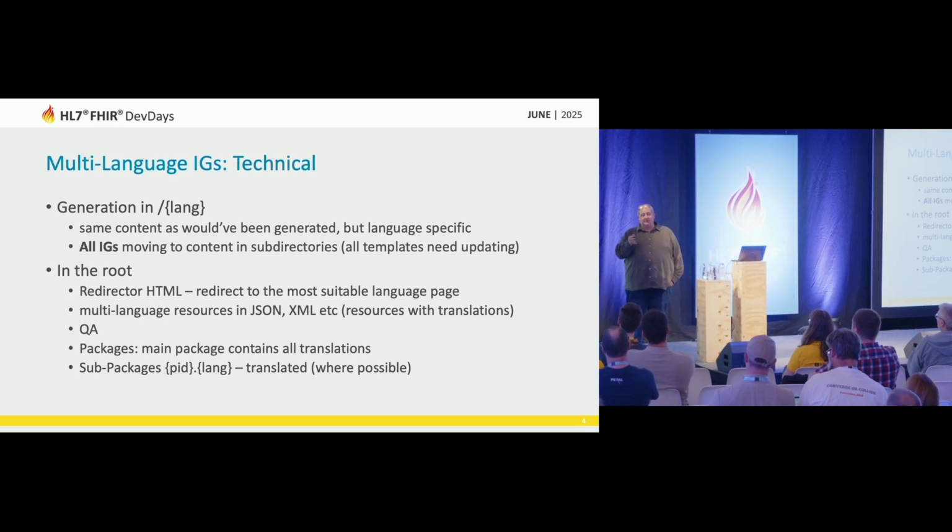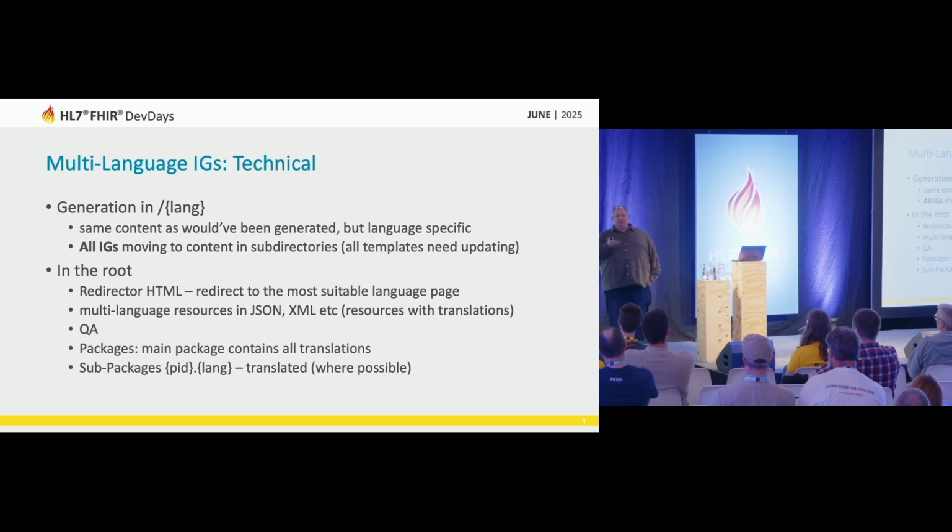In the root directory, there's an HTML file which matches the existing HTML files that are produced, but the only content in there is a script that looks at the language preference of the user and redirects to the most appropriate subdirectory. Of course, if there's only one subdirectory, then that's where you'll go.